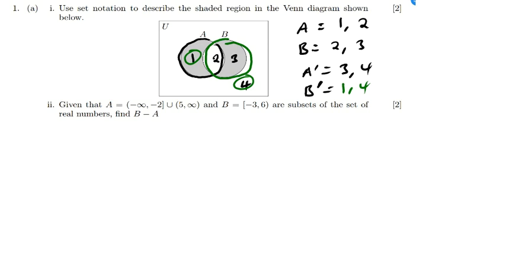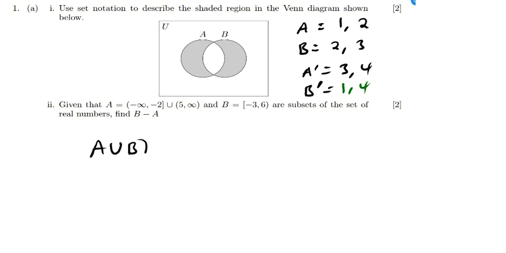Now after listing these numbers, I can clearly see that this shaded region is only for A and B, but the intersection part is not included. So I'll start now. What if I say A union B? For A union B the numbers are 1, 2, 3.